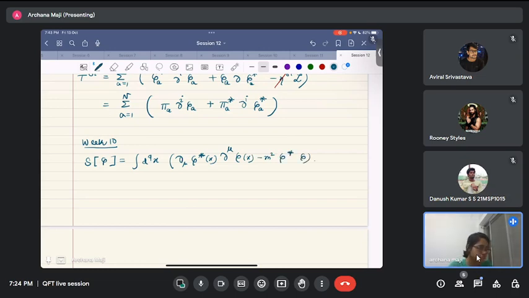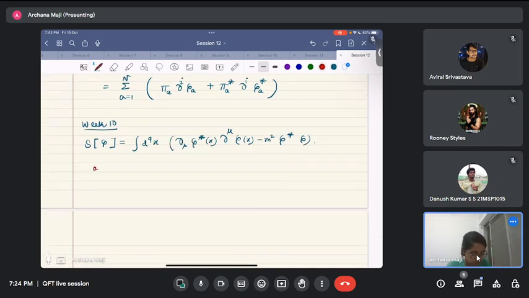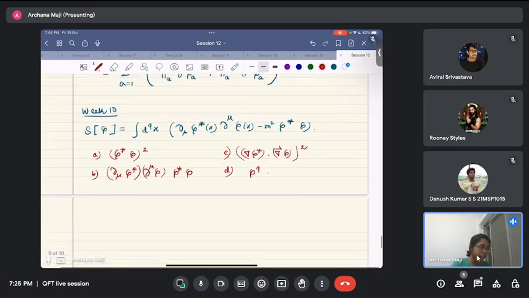So which of the following operators, okay, let me write down the options: phi star phi whole square, del mu phi star del mu phi, phi star phi, gradient of phi star dotted with gradient of phi whole square, phi to the 4th. The question is saying which of the following operators can be added to the above Lagrangian density, so that the Poincare and U1 symmetries will remain intact.